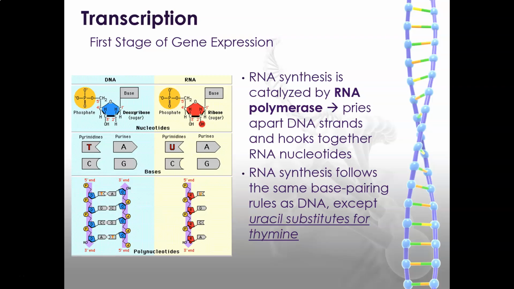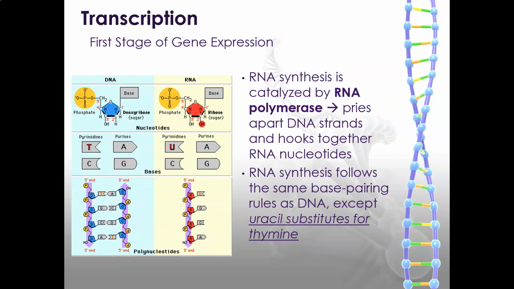So the only major enzyme that we're really going to focus on here with transcription is RNA polymerase. Okay? RNA polymerase is going to do a couple of jobs. So it's going to help pry apart the DNA strands, basically snip those hydrogen bonds that exist between the nucleotides in DNA so that we can get access to the code.